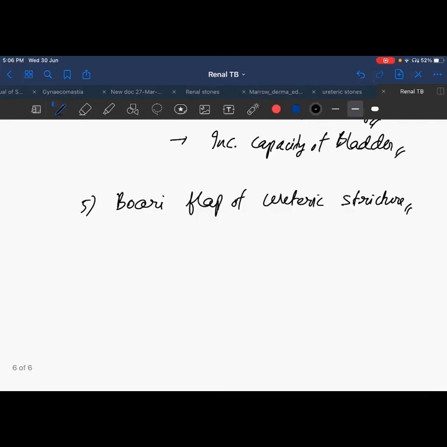Here, what they do, this is the structural diagram. Imagine this is the urinary bladder, this is the ureter, and this part is fibrous. What they do is simple. They will take healthy urinary bladder tissue, a flap of urinary bladder tissue, and suture it here.